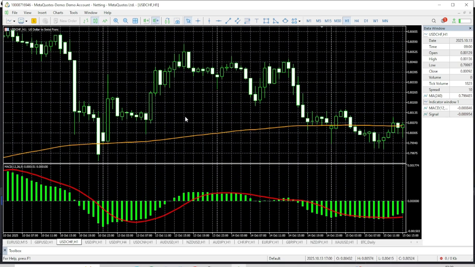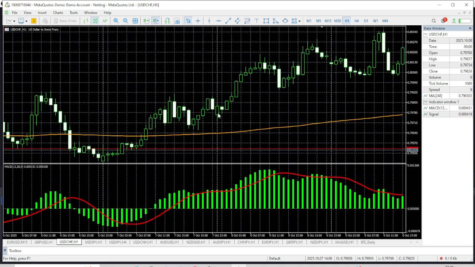So when you have price above the EMA 240, that means we are on a bullish move, on a bullish setup. But that does not mean you should enter the market. We want to wait for confirmation.